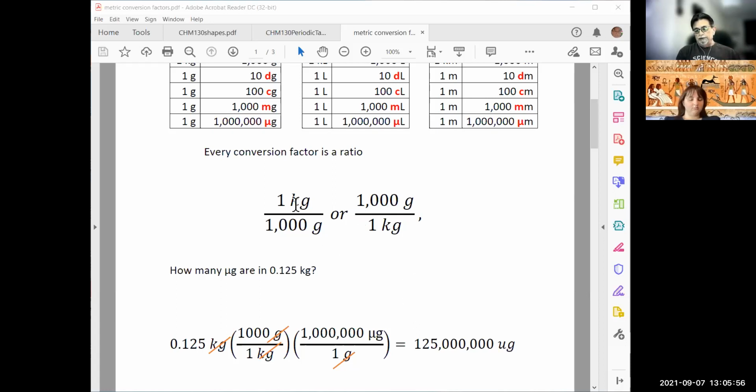Here I use the example 1 kilogram is equal to 1,000 grams. I can set it up with 1,000 grams in the denominator or with 1,000 grams in the numerator. Now, I know you might want to just take the inverse of that 1,000 and use that number. My suggestion is don't do that. Just leave the numbers whole and just move it where you want it to be.